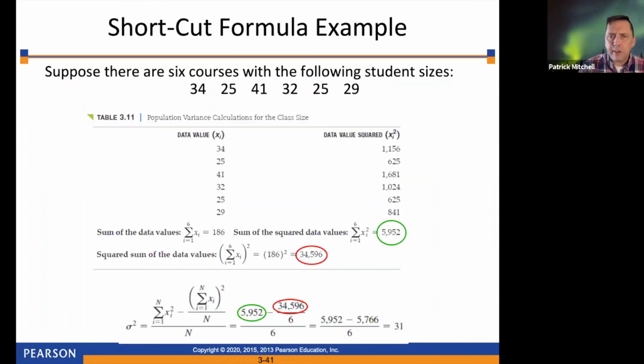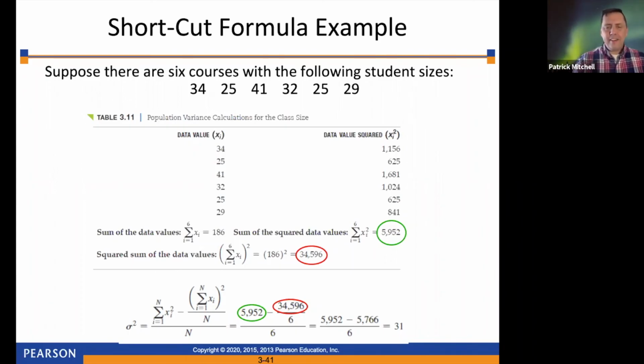They did not do the standard deviation, but the standard deviation would just be the square root of 31. Let's see what that is real quick. The square root of 31 is about 5.6 students, okay? Rounded from 5.567764336, and so on.